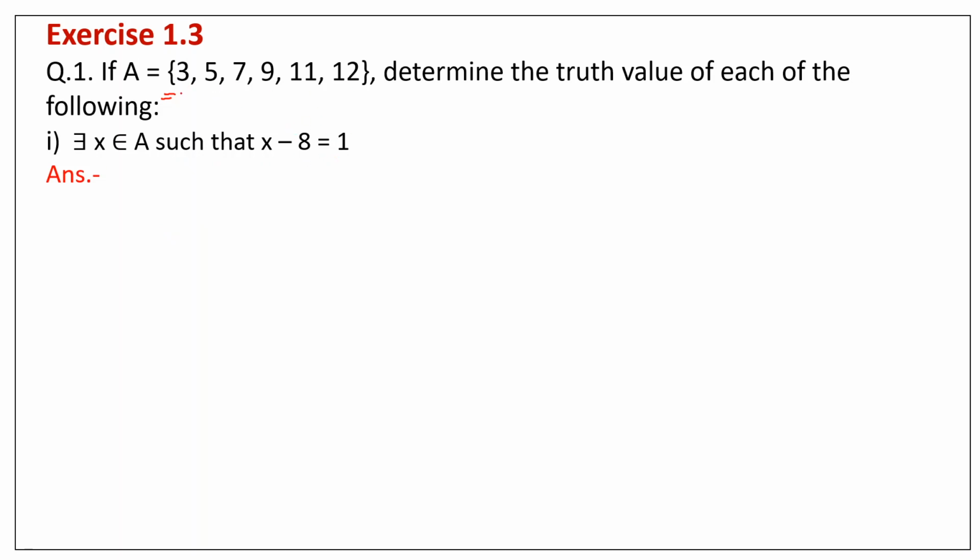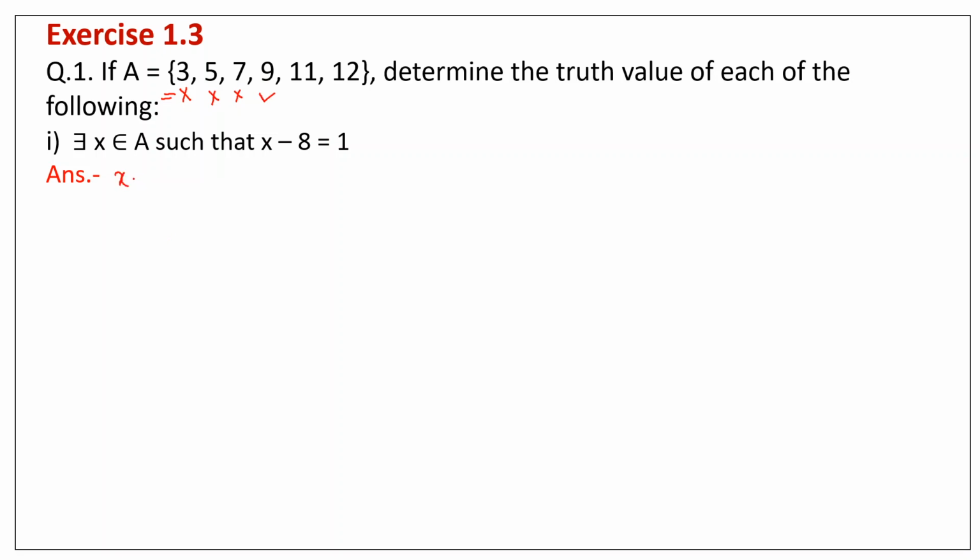First we check whether 3 will satisfy this. No, 3 does not satisfy this equation. 5 also does not satisfy. 7 also does not satisfy the equation. And if we check 9, 9 minus 8 equals 1 is satisfied. So x equals 9 satisfies the given equation.